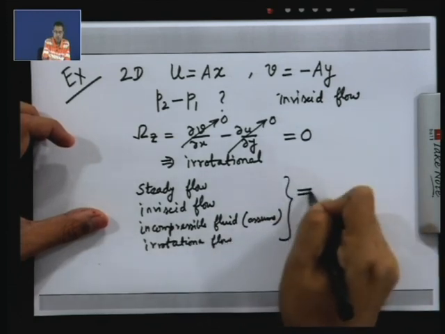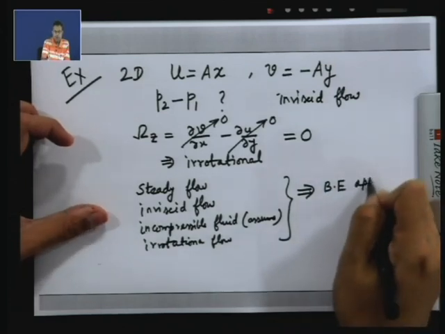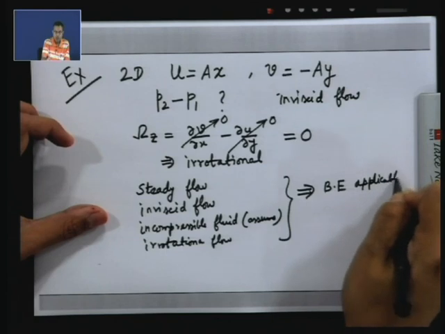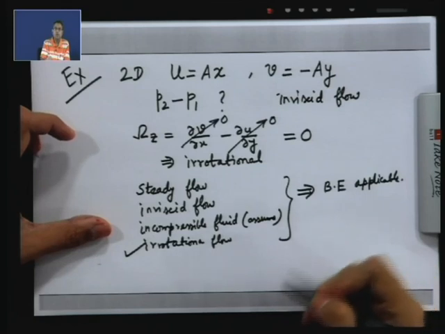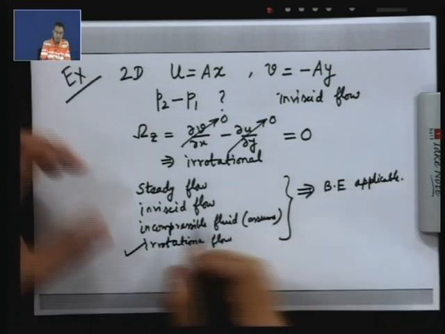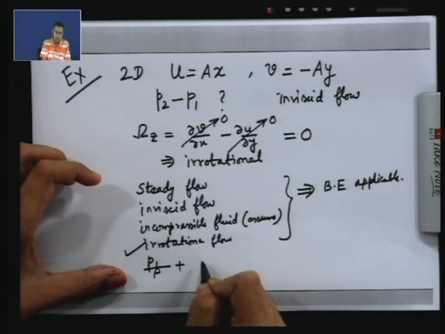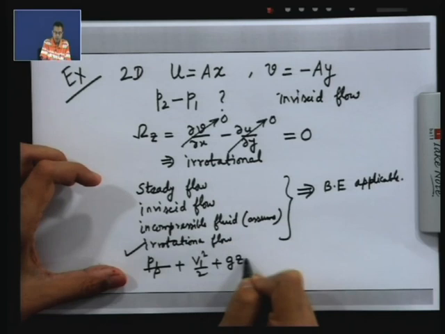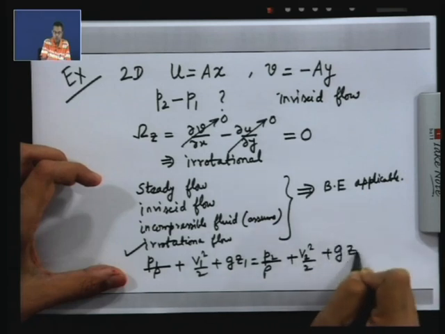That means you can apply Bernoulli's equation not just along a streamline, but because it is irrotational flow you can apply it between any 2 points 1 and 2. So you can write P1 by rho plus V1 square by 2 plus GZ1 is equal to P2 by rho plus V2 square by 2 plus GZ2.